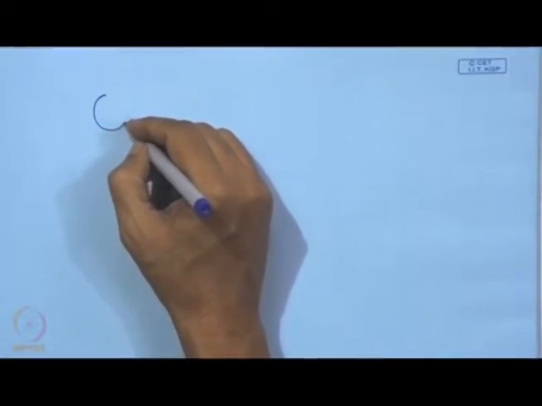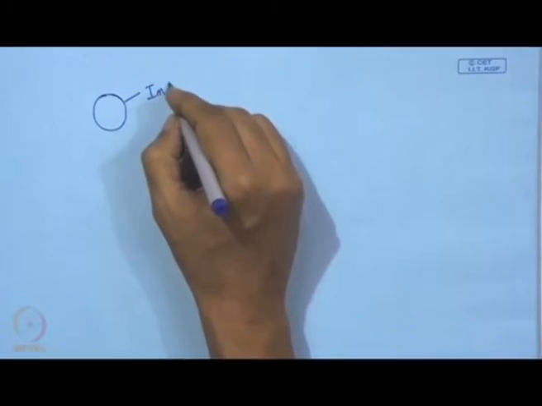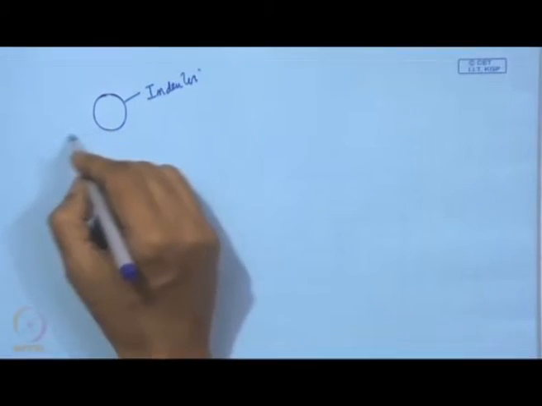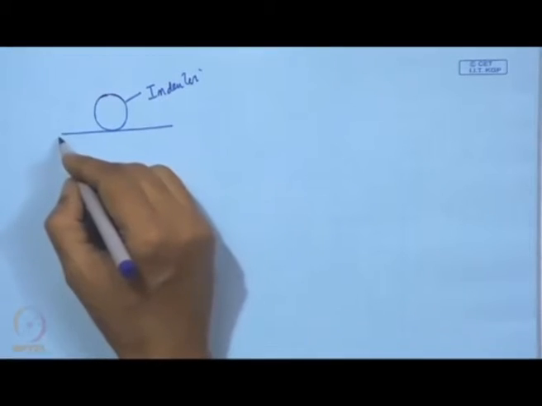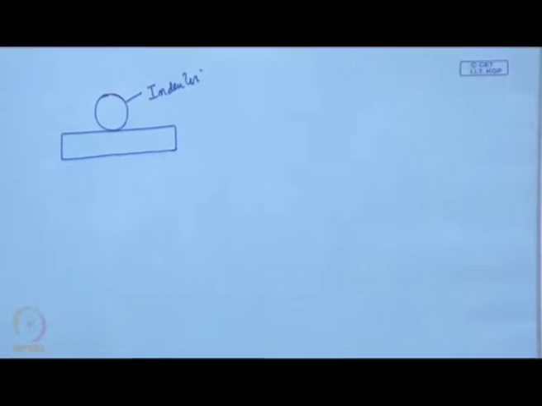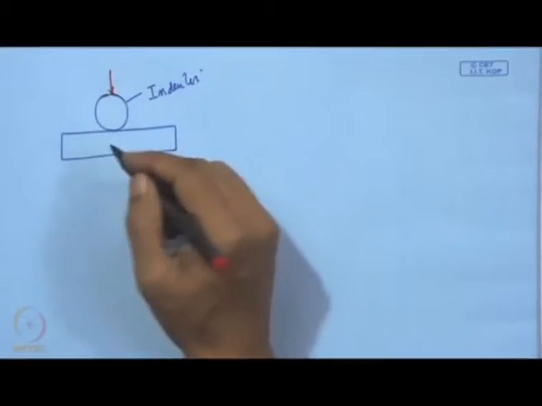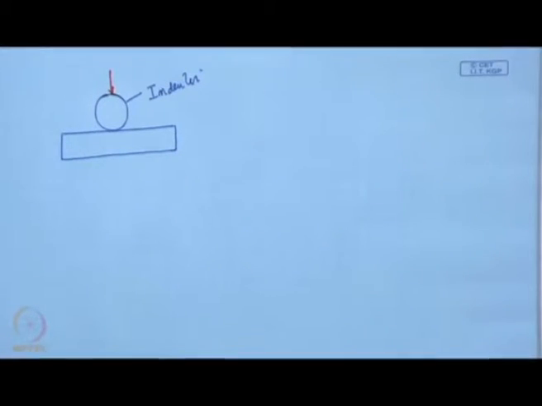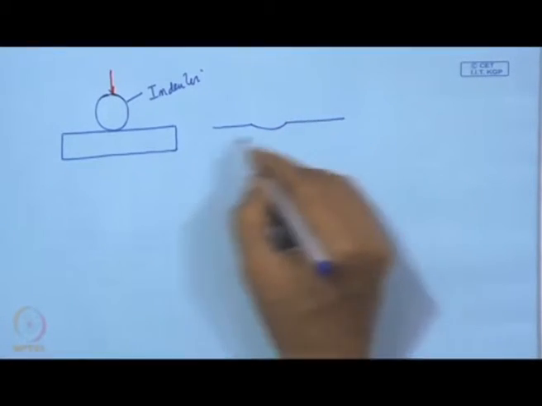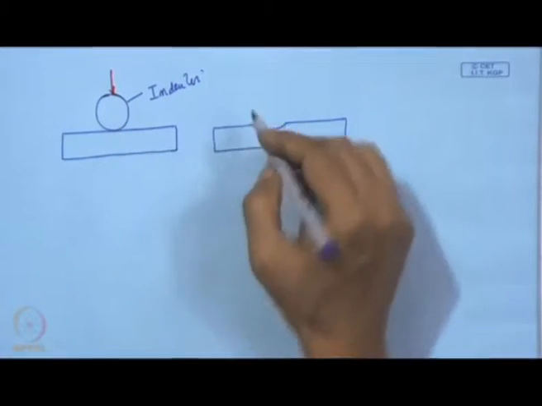So, it is just to introduce how it is done. It is a ball which is going to be the indenter, and then we have the material which is going to be tested. That means, this is the material, and then loading has to be done from this side, and there we expect a little bit of deformation on this specimen, and this is done by this ball.